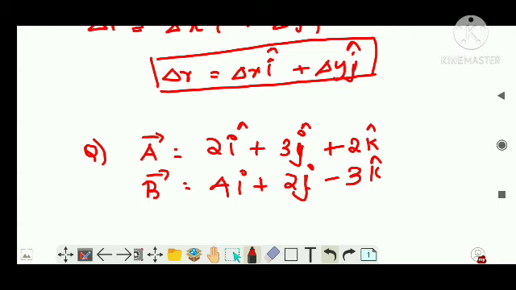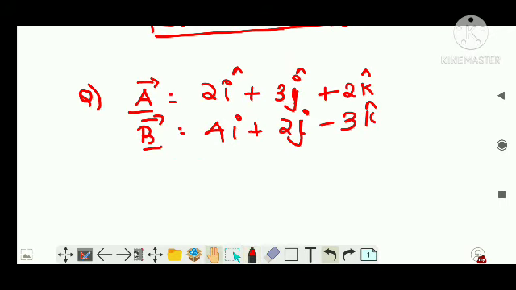And you are asked, if this is the initial position and this is the final position, what is the displacement of the particle? So how would you take it? It is the difference of these two, that is final position minus initial position.